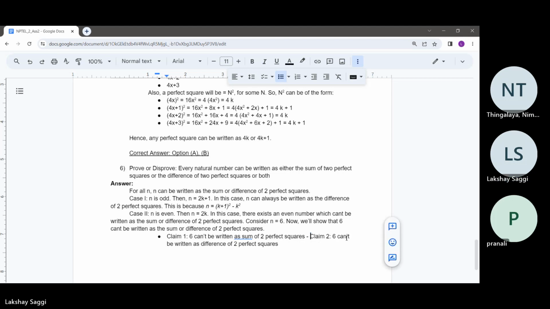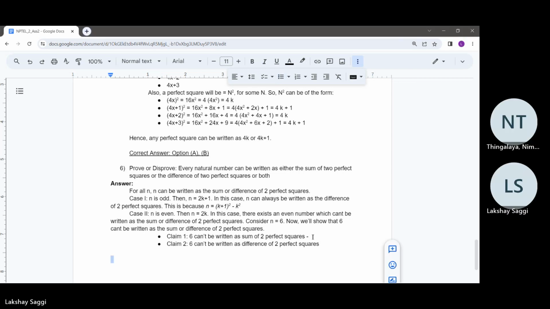Was my argument clear? I gave it in a bit heuristic manner, but did my argument make sense? Okay. So I'll just write that this part is easy to see. So we have proved that 6 can't be written as sum of two perfect squares.